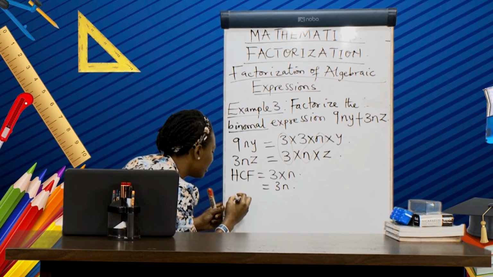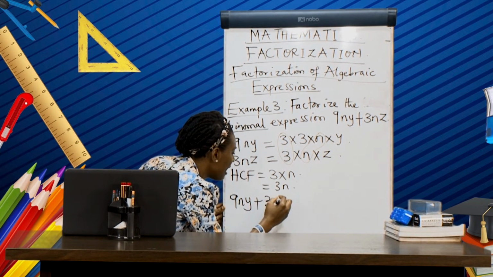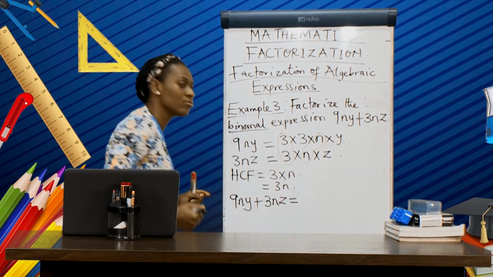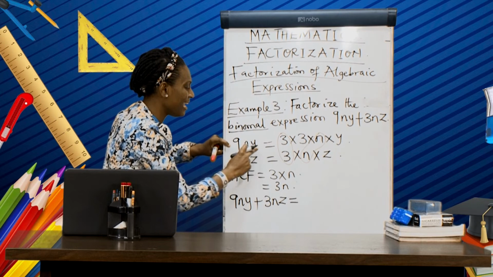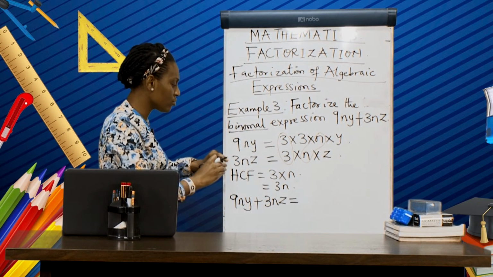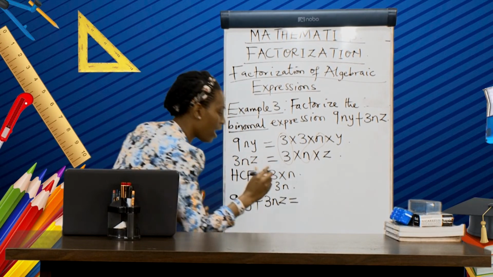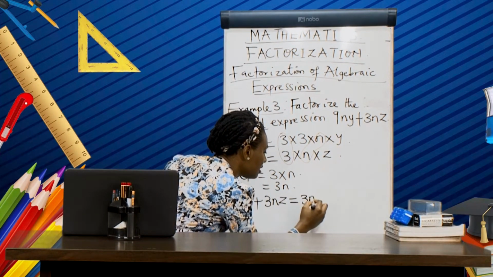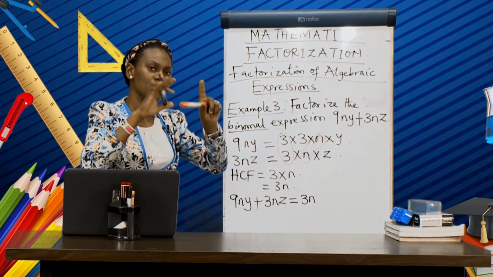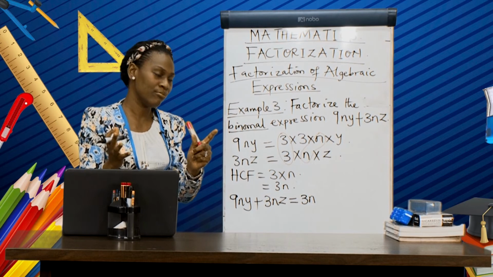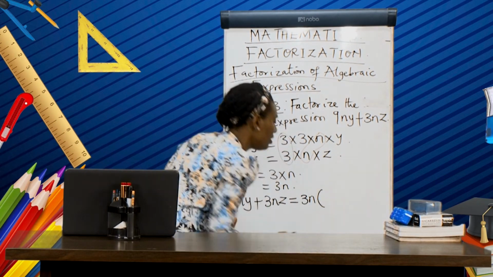So here we have 9ny plus 3nz is equal to, now we know that 3n is common to both 9ny, it's also common to 3nz. So we bring the highest common factor out, which is what? 3n. Whatever you have left in the algebraic term, you write them or you put them in brackets. So we have, since 3n is common to the two terms, we bring it out.